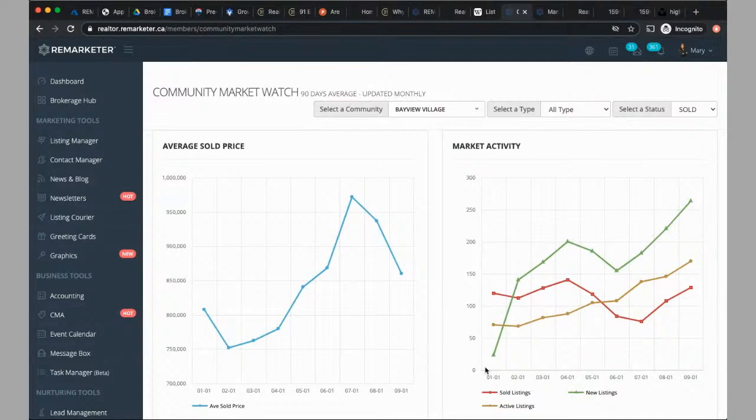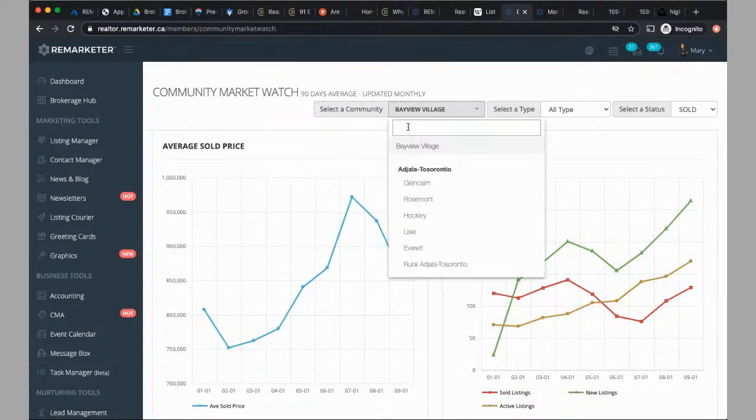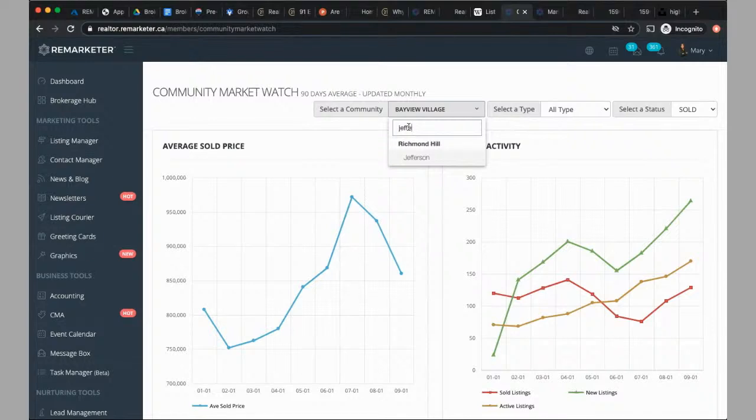So let's go all the way up. Oh, okay. We do have the communities in Vaughan. Is that what you mean, Miguel? Oh, okay. So you got it. It might have just not triggered. So we do have the Vaughan information in there as well. All you need to do is click here and start typing. So for example, if I want to go to Jefferson, I can just type in Jefferson, that's in Richmond Hill.